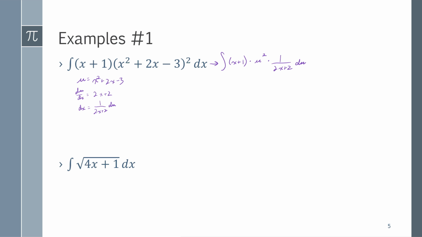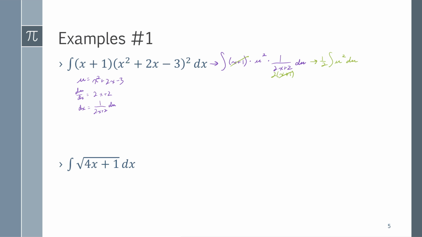Now, at first glance, this looks like a bad substitution because I still see x's there. But what I want to see is, will these x's cancel at this point? I notice that 2x plus 2 is the same as 2 times the quantity x plus 1. And then my x plus 1's cancel. What I'm left with is 1/2 the integral of u squared du.